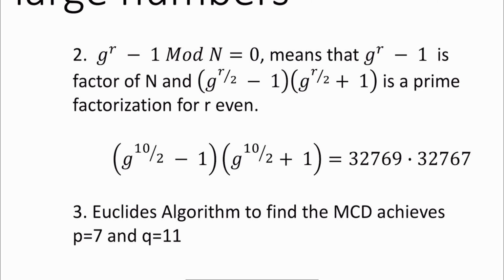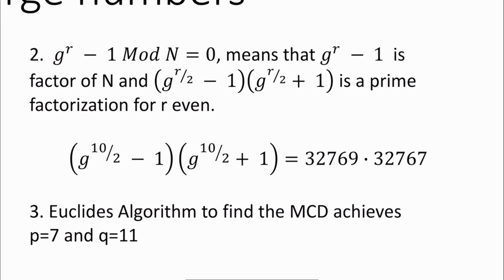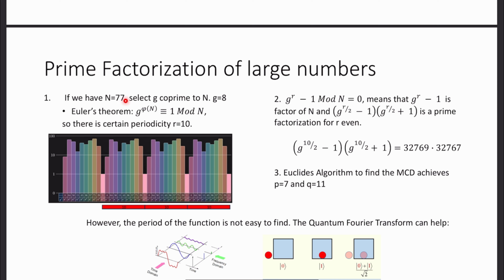Now we can rewrite g to the power of r minus 1 as this multiplication. And because we already know the value of r, which is 10 for this case, we just have to rewrite the multiplication, and then we would have these values. Now, these values are too big, so we could use Euclid's algorithm to find the greatest common divisor, which would give us p equals 7 and q equals 11. And that would be the prime factorization.